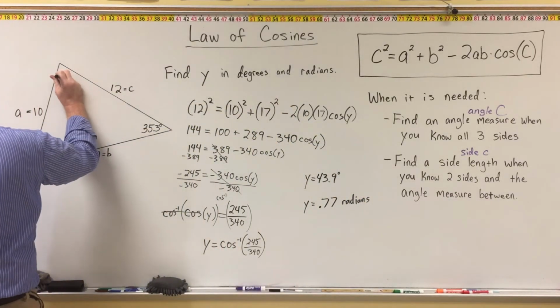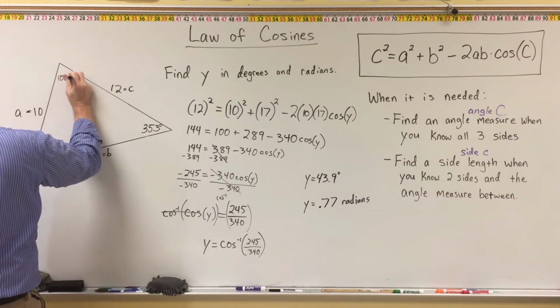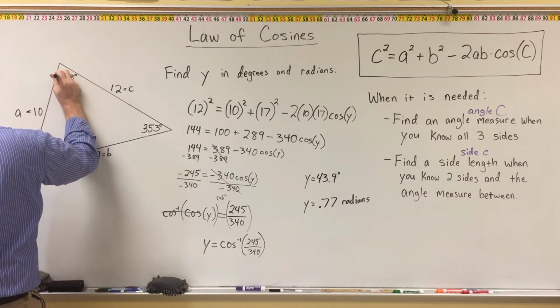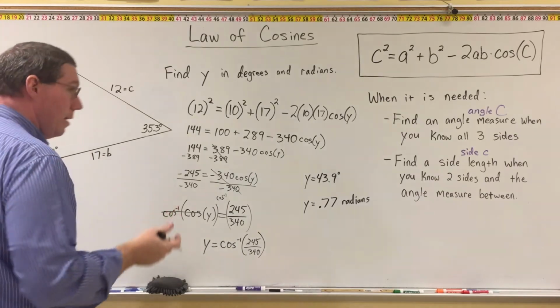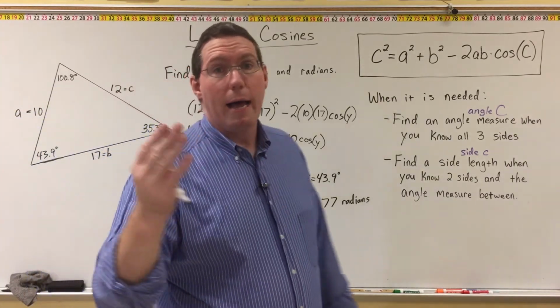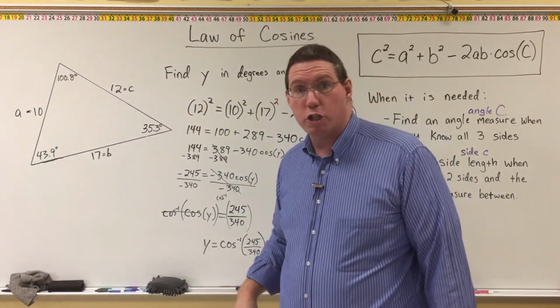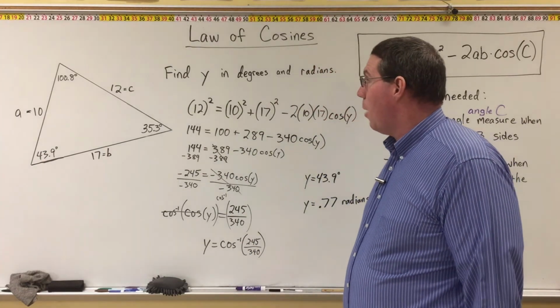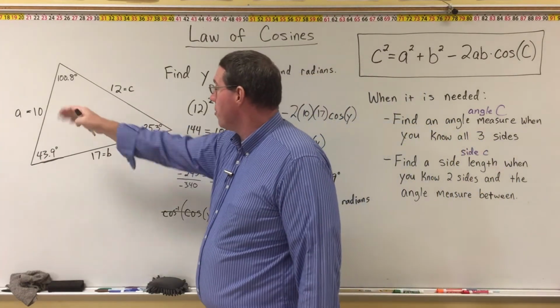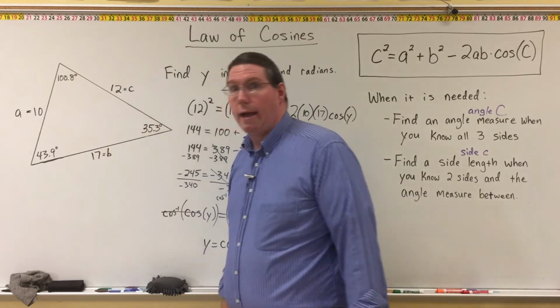And so this angle up here is 100.8 degrees, which we could then convert into radians using our pi over 180 conversion factor. And now we know everything about this triangle. We have all three side lengths, and we also have all three angles.